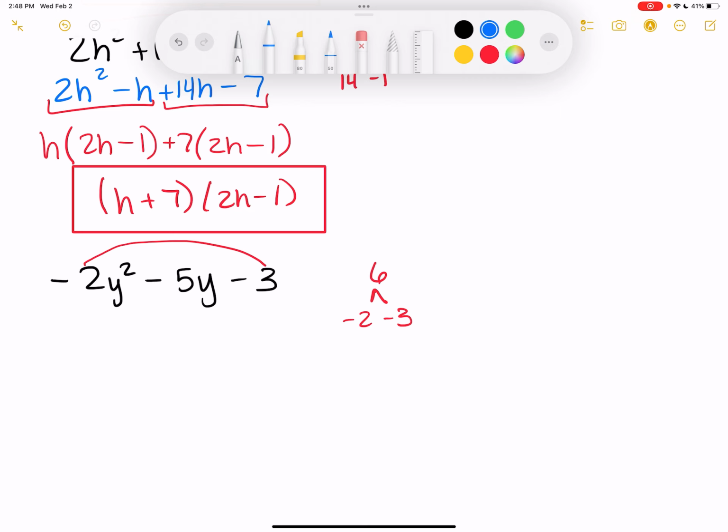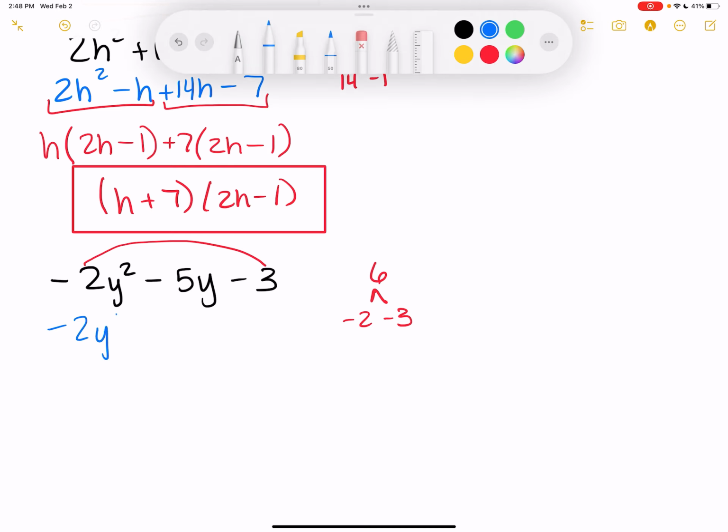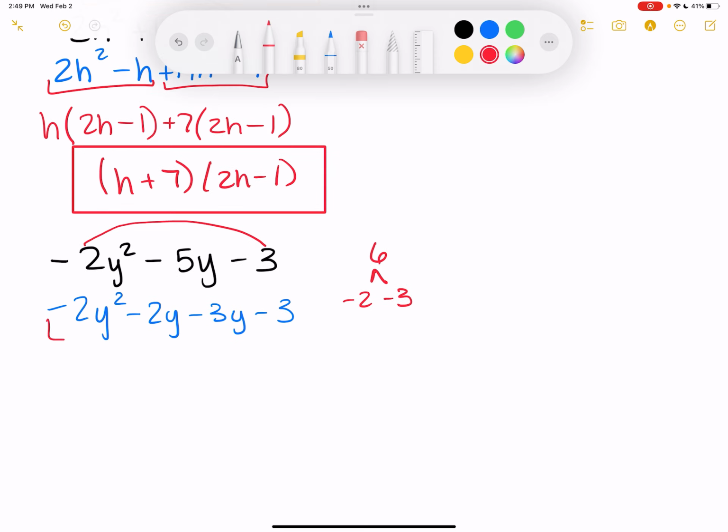It's a little confusing when they're all negatives. It's a little less confusing when, yeah. So it would be negative 2y squared minus 2y minus 3y minus 3. Too many negatives. All right, so out of these, what do I take out of the first one?